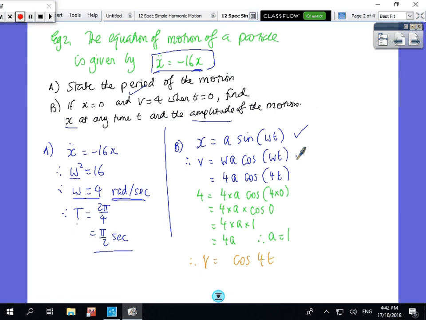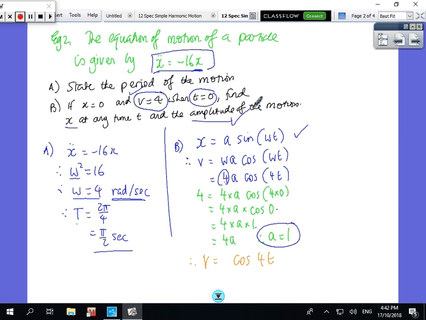Now omega equals 4, so I've got 4a, and in the information the velocity is 4 when the time equals 0, so I just sub that in, so I get cos 0, which is 1, so 4a equals 4, so a equals 1, so that's the amplitude.